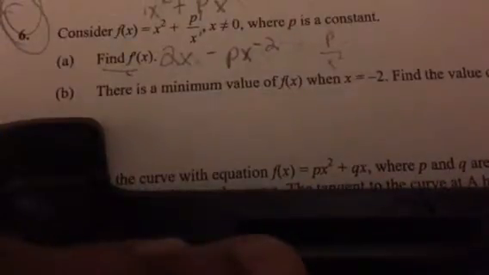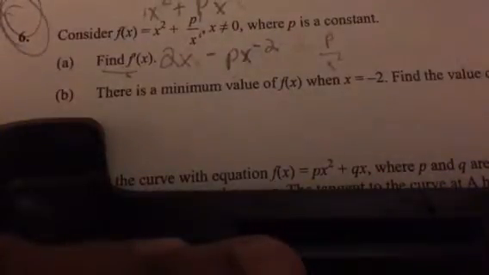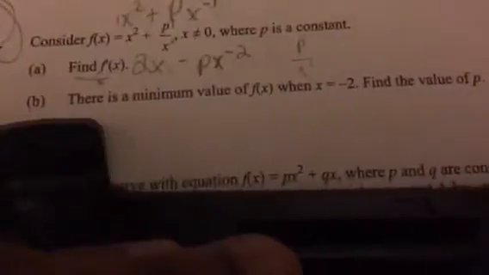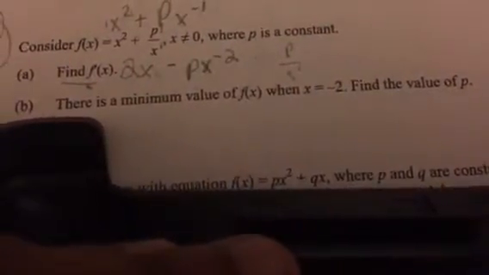Okay, so that's the derivative. Then the second portion of the problem, part B: there's a minimum value of f of x when x equals negative 2. Find the value of p. When you have a graph with minimum values, this is what it looks like. This would be a maximum, and if you had the graph like here, this would be a minimum.